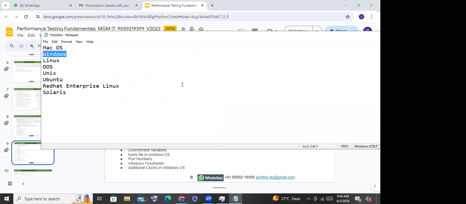There may be a few terminology differences, definitely, but the concept is the same. So we'll first try to understand on the Windows operating system, and then we'll shift to the other operating systems. Is that clear, guys?